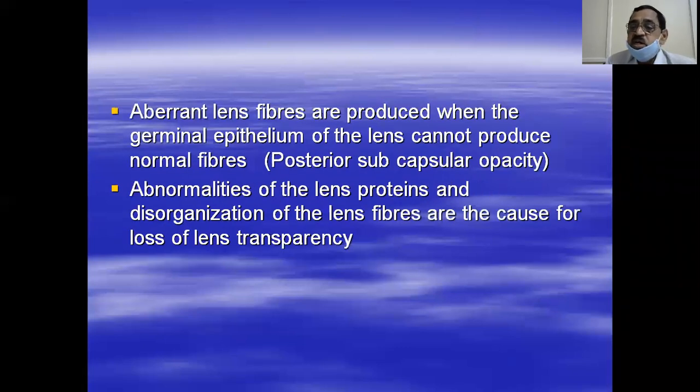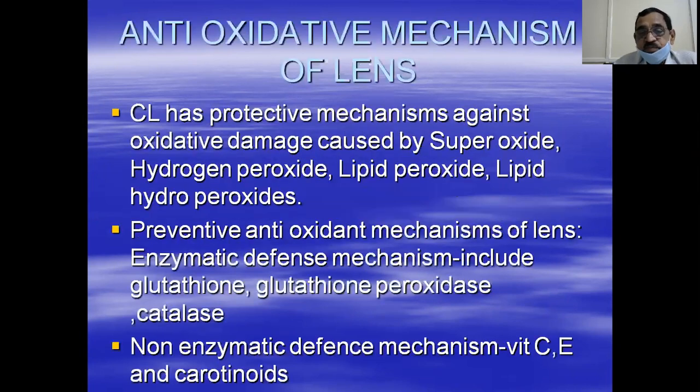Aberrant lens fibers are produced when the normal lens fibers cannot be produced, and it results in most cases in posterior subcapsular opacity. Abnormalities of the lens proteins and disorganization of the lens fibers are the cause for loss of lens transparency.